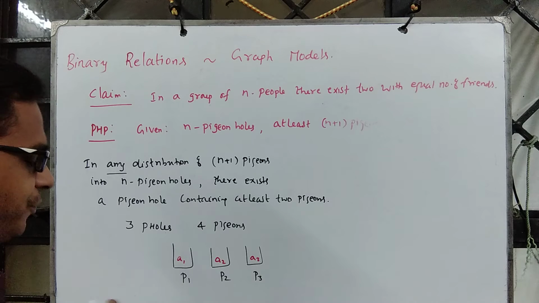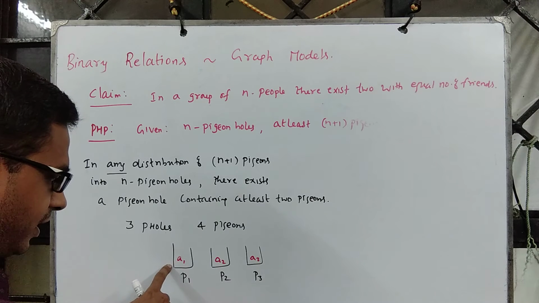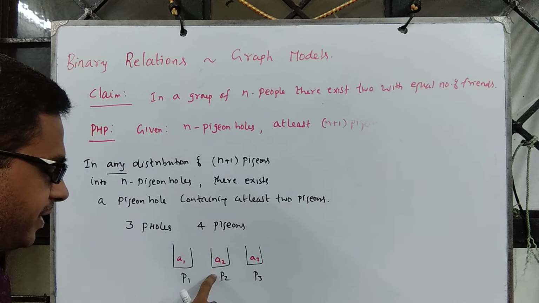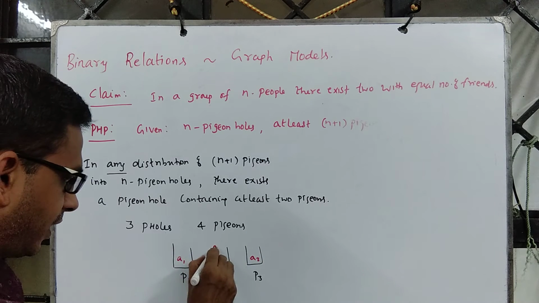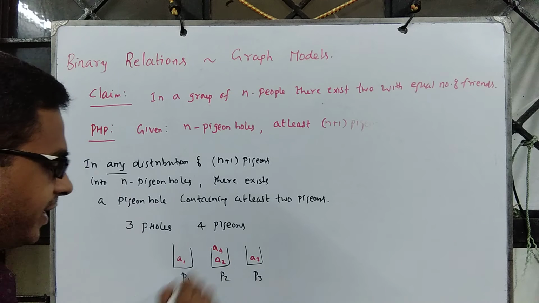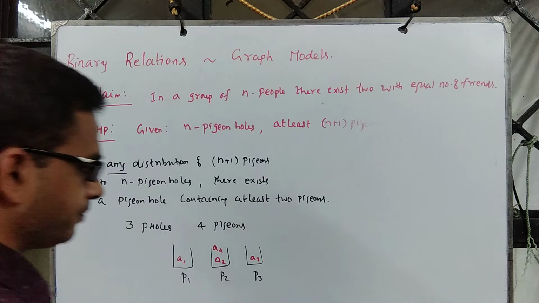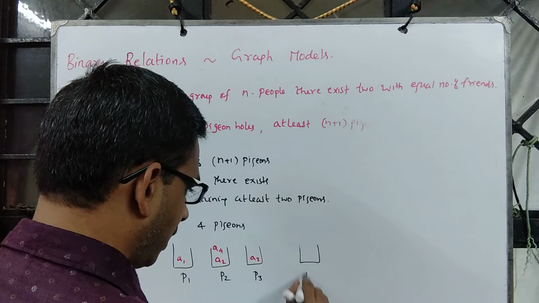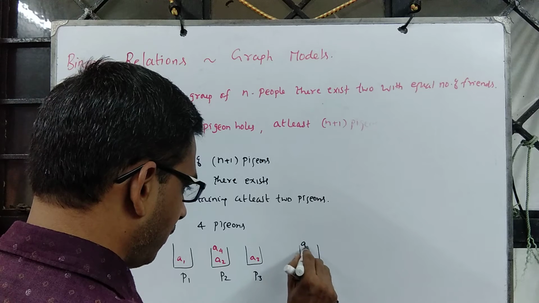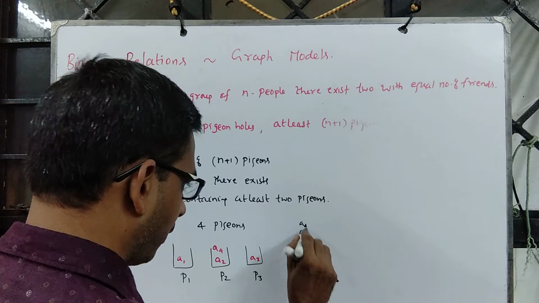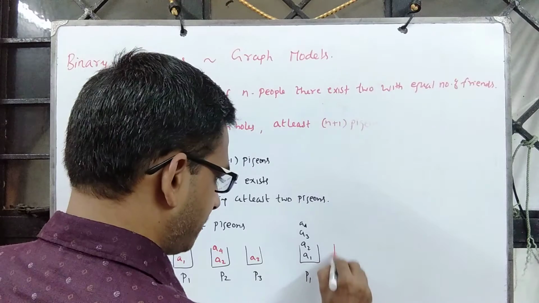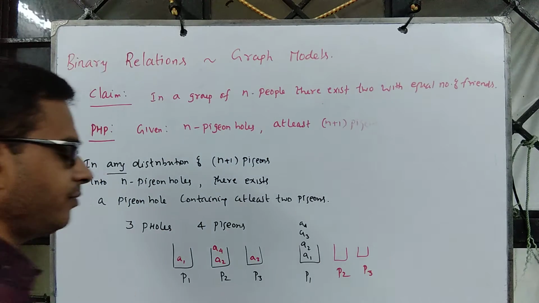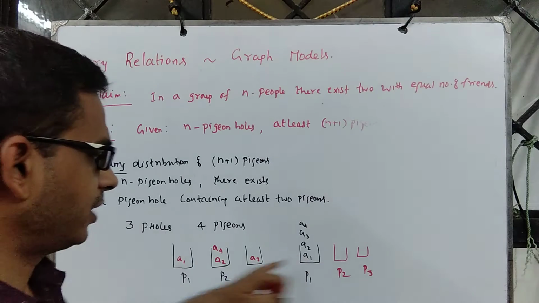Now where do you place A4? If you place A4 here, then here is a pigeonhole containing at least 2 pigeons. If you place it here, here is a distribution where here is a pigeonhole containing 2 pigeons. You can even come up with a distribution where all of them are placed in one pigeonhole. So that's precisely what our claim says. Here is a pigeonhole containing at least 2 pigeons.